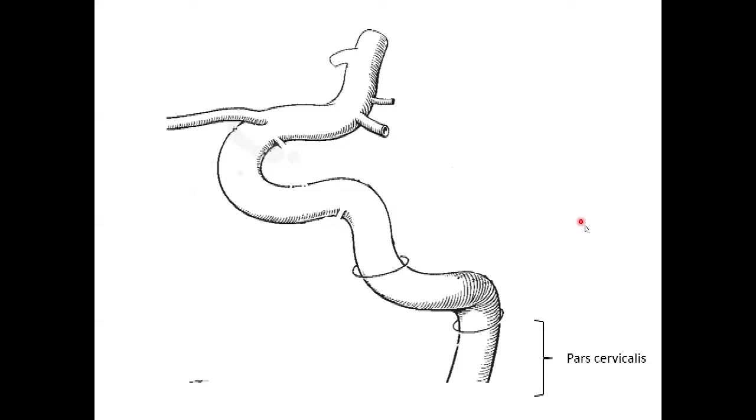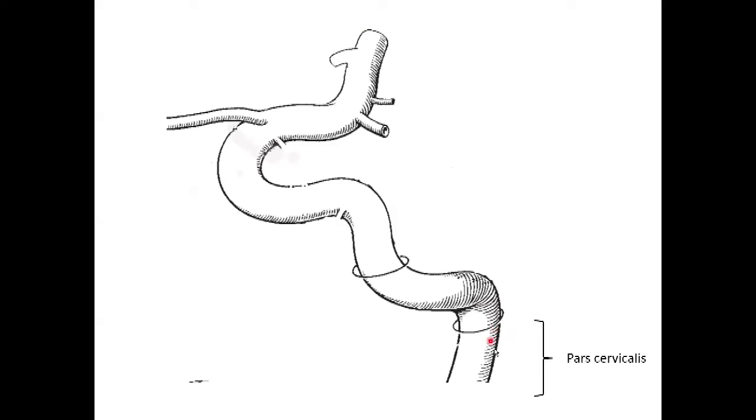We can see here that the internal carotid artery is quite complicated according to the directions of its passing during the canal, Canalis caroticus, and after it.